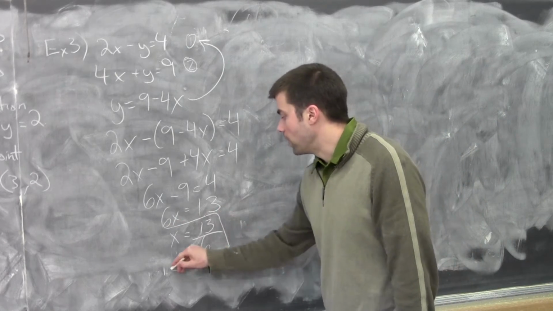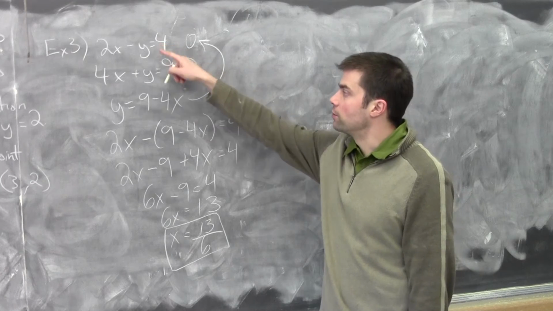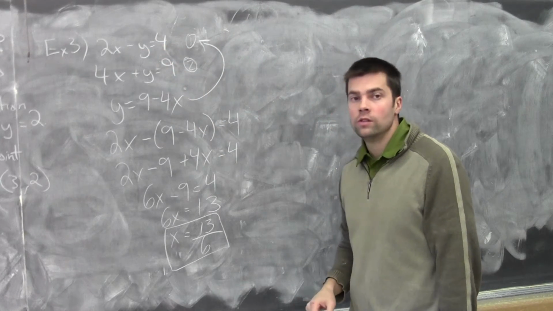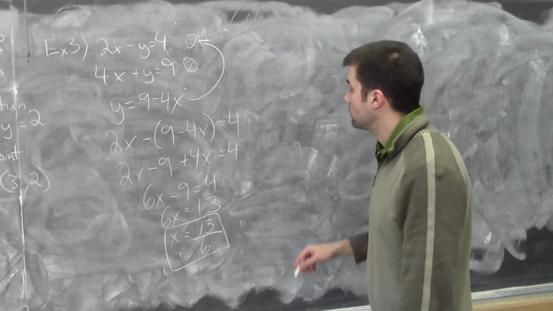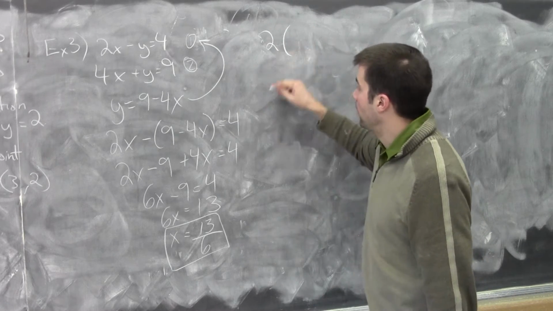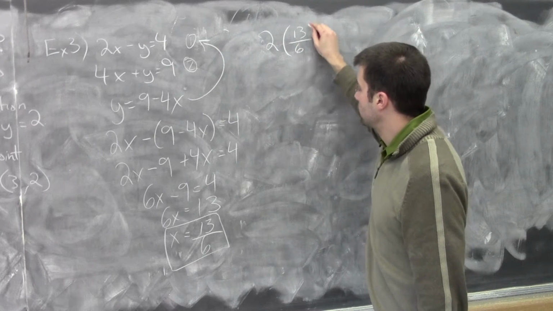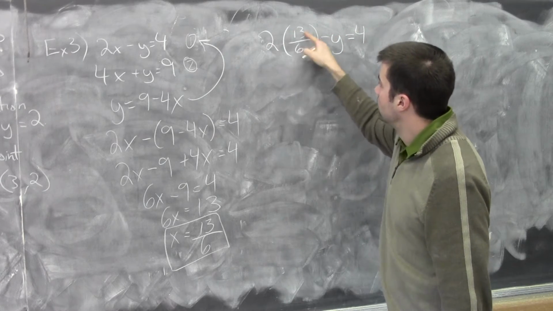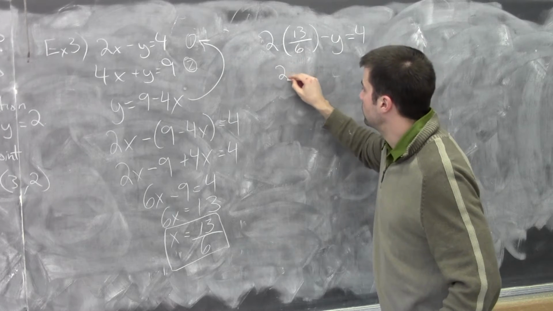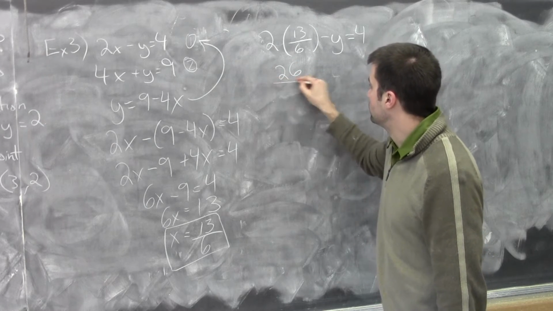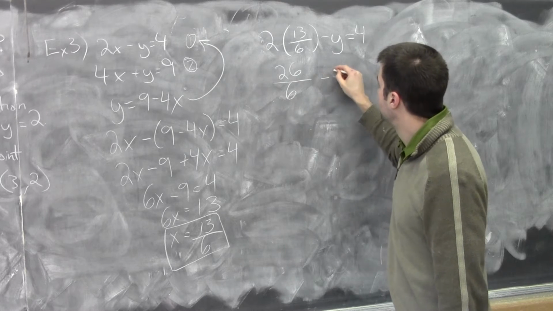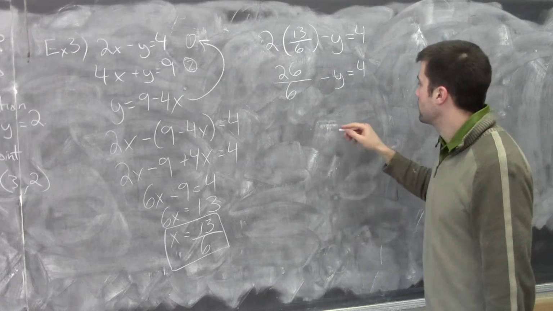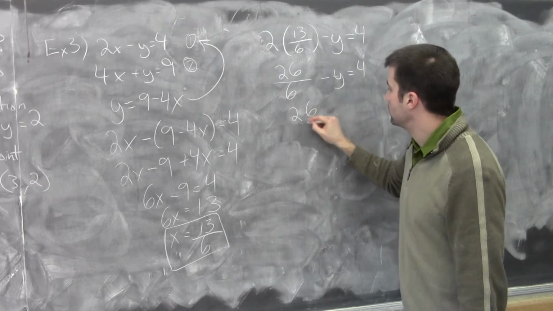Now we're going to take this value and substitute it into either the first one or the second one. I like the first one just because we have a 2, it's a little less complex. So now we have 2x, substituting in 13 over 6, minus y equals 4. 2 times 13 is 26.